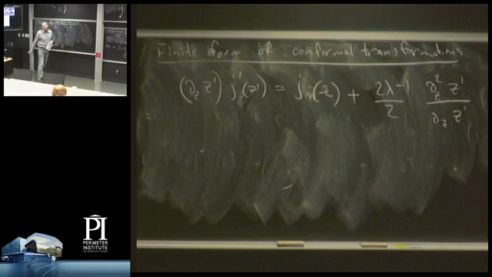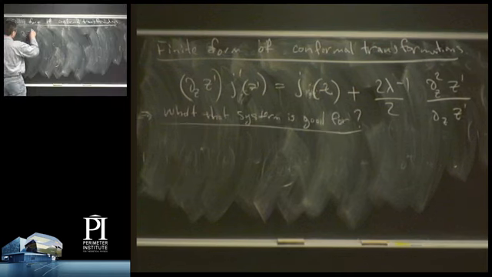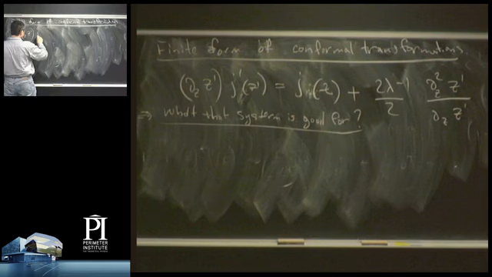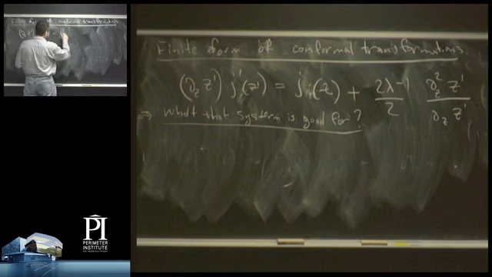There is a reason, you will see later today, why we studied the finite form of conformal transformation for the stress energy tensor. And believe me, there is a reason why we do that. And so the answer is that it tells that under z prime, I write down J prime of z prime equals J of z, right?